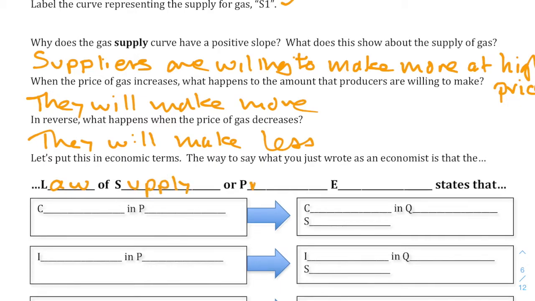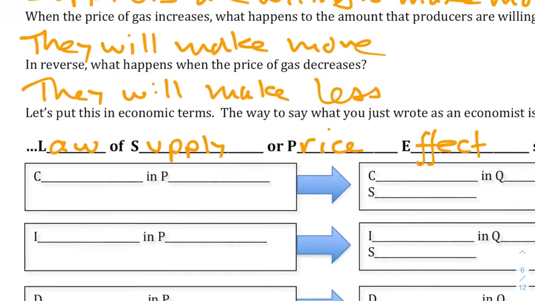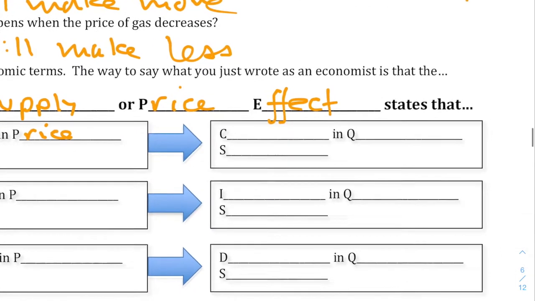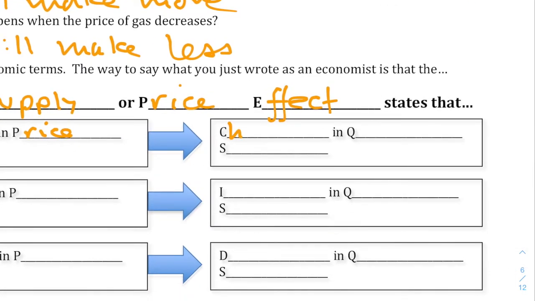And this is the law of supply, also known as the price effect. And the price effect states, these are the rules of the price effect, that a change in price will always result in a change in quantity supplied.